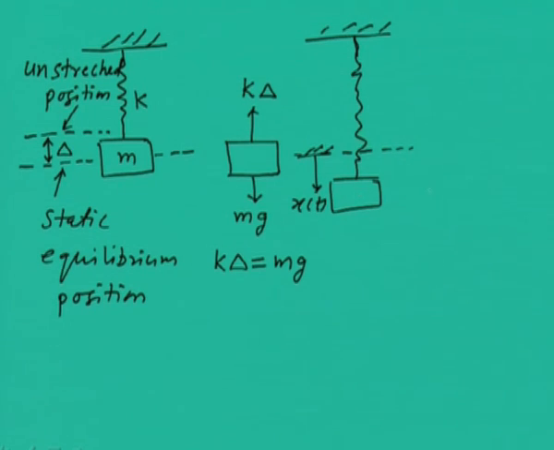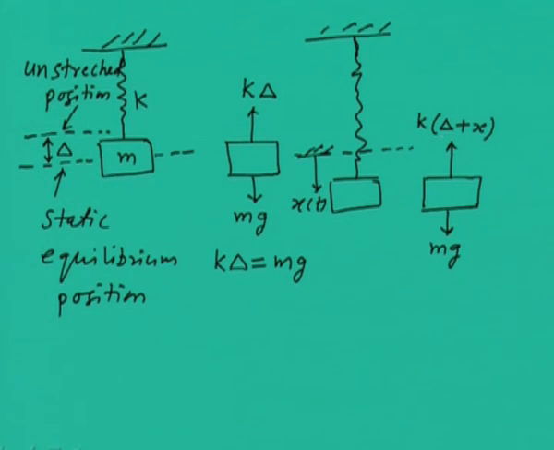If we want to obtain the free body diagram of this mass, we have the weight acting downward, and now the total extension of the spring is delta plus x, because up to this there was the static extension of the spring, and then we give x displacement to the spring.